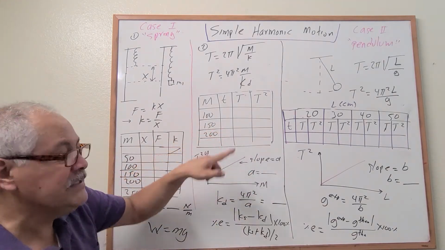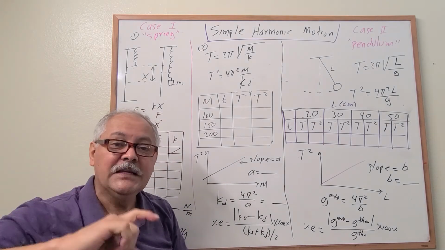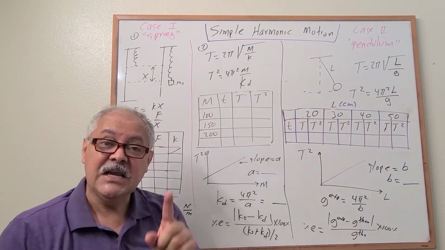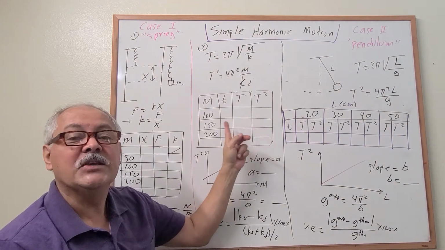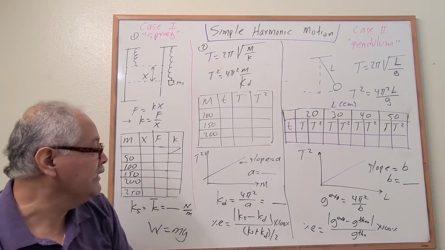Let's increase the mass and repeat the procedure. Let's find the time for 10 oscillations, divide by 10 to find the time for one oscillation, which is the period, and then take the square, and so on. We can take 3 or 4 masses for this experiment.